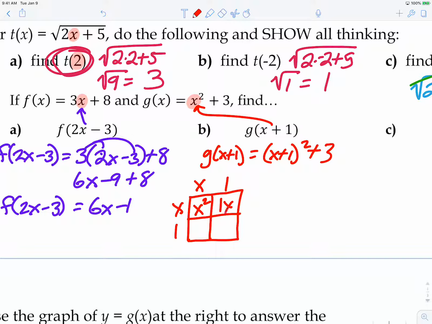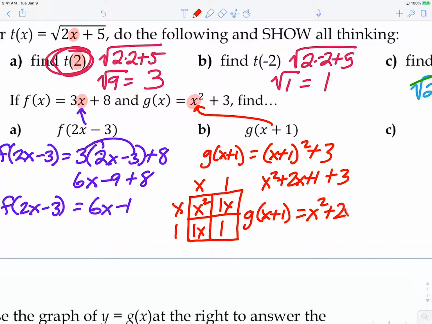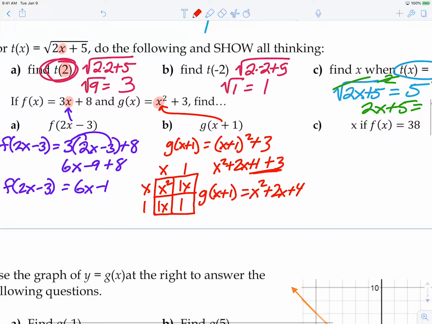So if you were to multiply or FOIL in a box and combine like terms, you would get x squared plus 2x plus 1 and the plus 3 that already existed in the problem, which means g of x plus 1 equals x squared plus 2x plus 4, combining like terms.